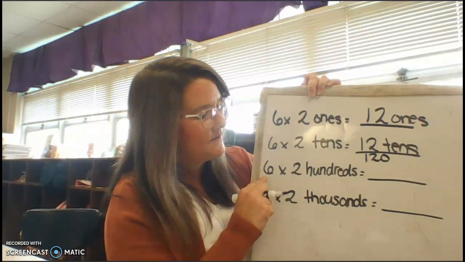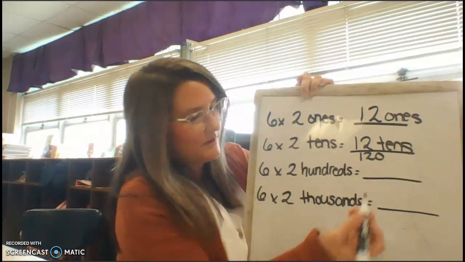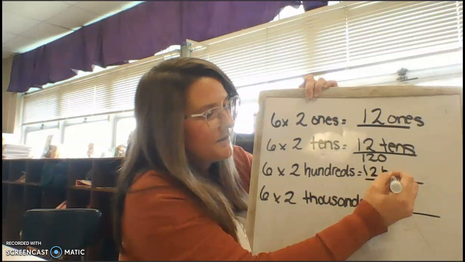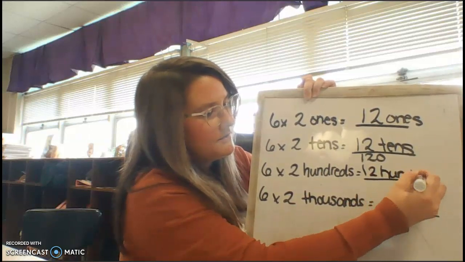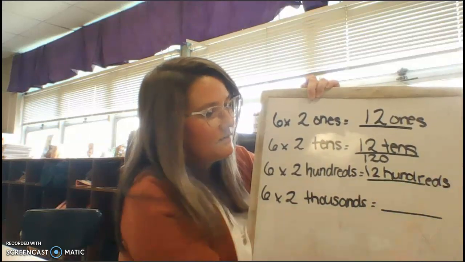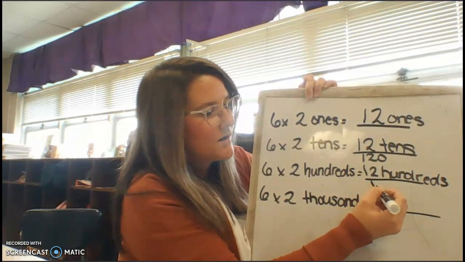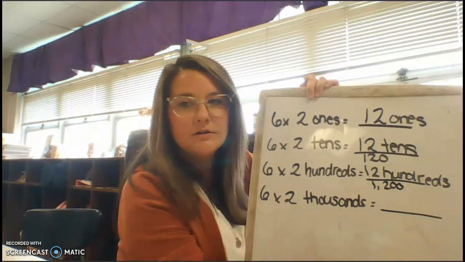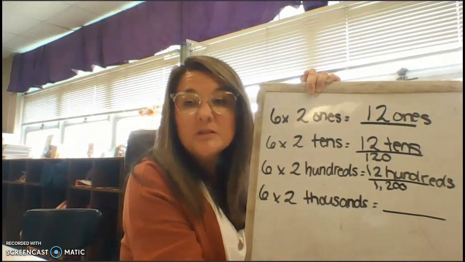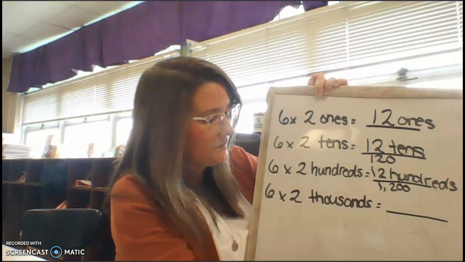6 times 2 hundreds, well, 6 times 2 is 12, so I'm going to have 12 hundreds. The value of 12 hundreds is 1,200, or sometimes people say 12 hundreds.